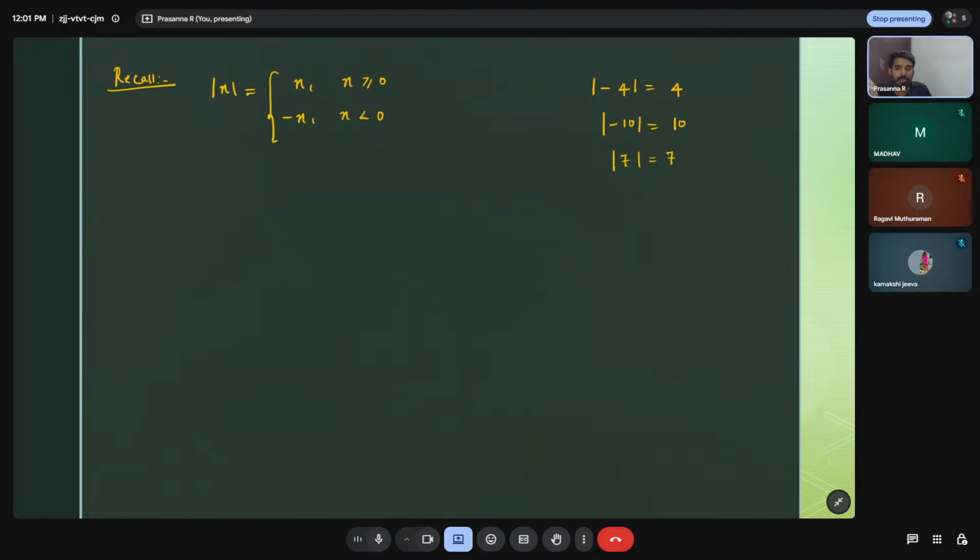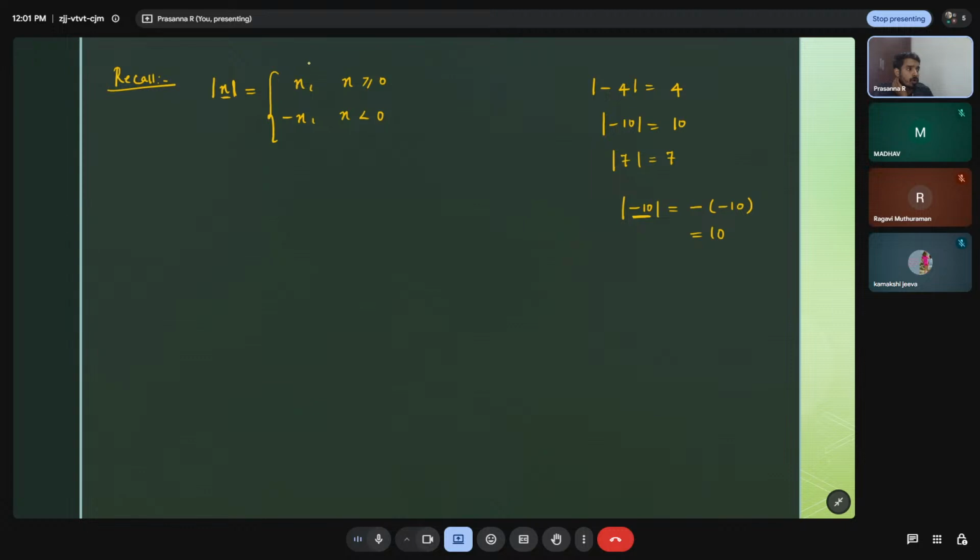Just see the definition. Mod x, if the inside quantity is negative, the output is minus of inside quantity. This is how you have to apply the definition. You should not simply put plus 10. You have to put minus of. See, if the inside quantity is positive or 0, you write the inside quantity as it is.